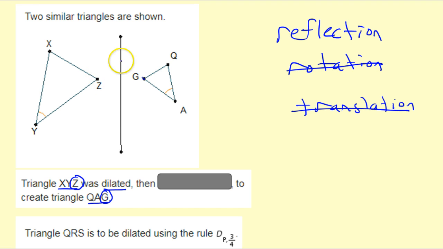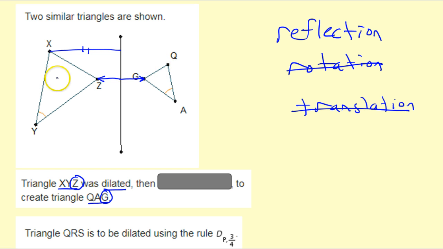And it's a big hint because they have this reflecting line right here. So Z was reflected to exactly the opposite side onto G. Y is reflected the same distance.